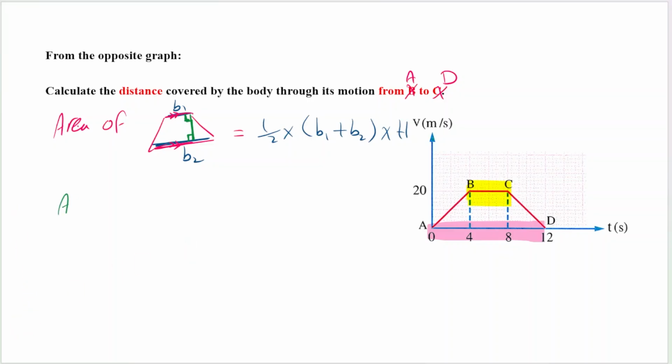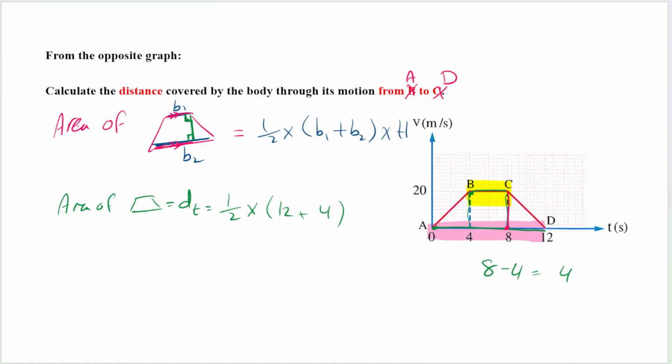So the area of the trapezium, which is equivalent to the total distance, is equal to half times base. It starts from 0 to 12, plus the second base. It starts from 4 to 8. So 8 minus 4 is equal to 4, times the height. The height is the perpendicular line joining the two bases.